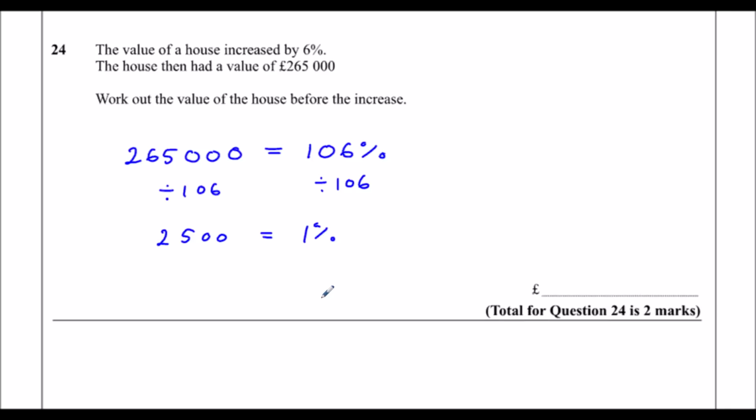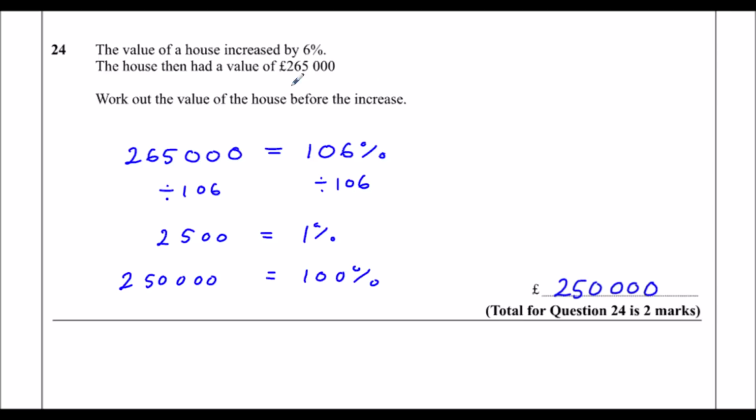Then if we multiply by 100, so add on 2 zeros, that would be 100%. So that's 250,000 would be the original amount. If you add 6% on to 250,000, you get 265,000.